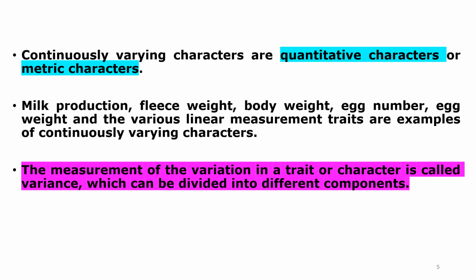So the measurement of the variation in a trait or a character is called variance, and variance can be divided into different components.